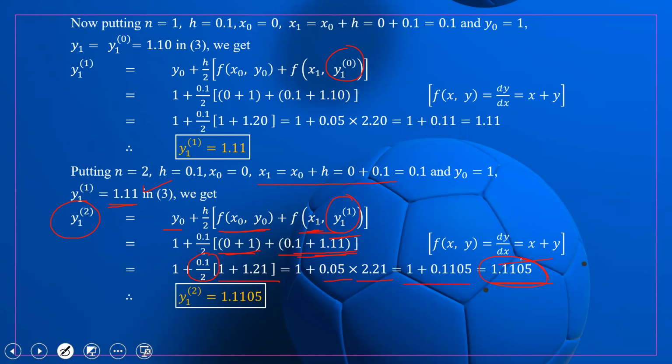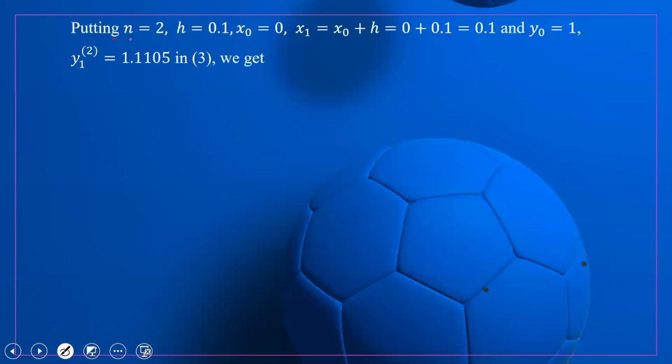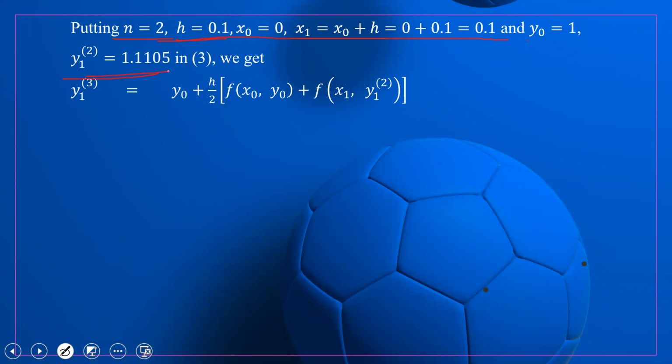Similarly, we take another iteration, putting n equal to 3. Putting n is equal to 2, h is equal to 0.1. This will be the same. Which value will change? Only this y1 second iteration will be changed. So the fourth better approximate value of y1 is y0 plus h by 2 times f of x0, y0, the same, only this value is changed.